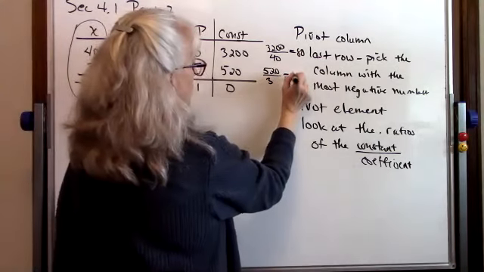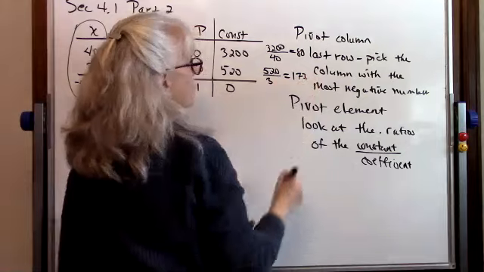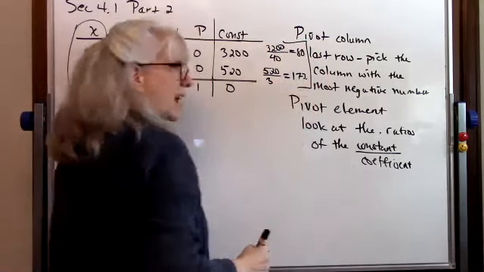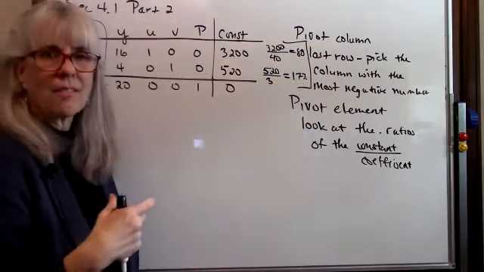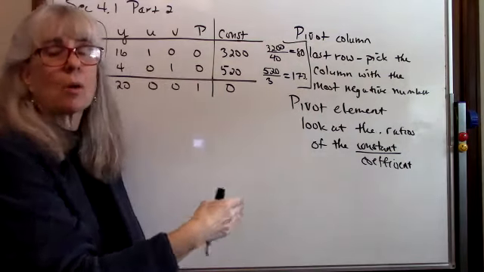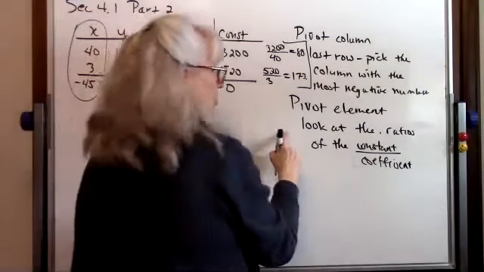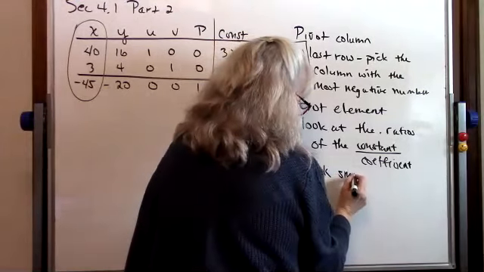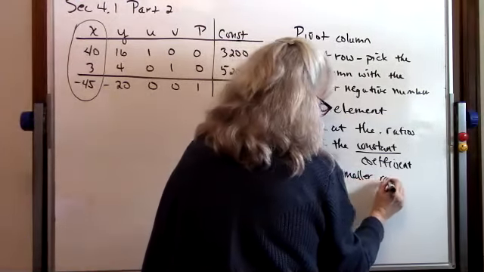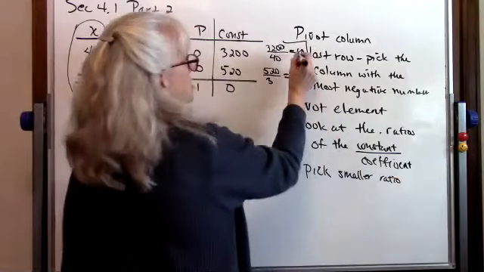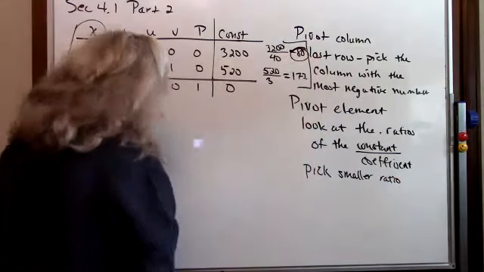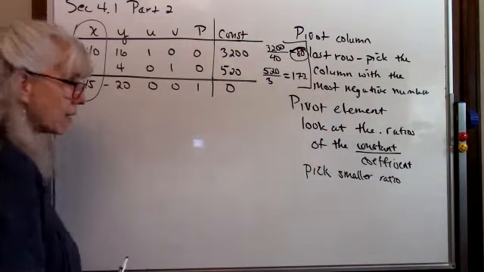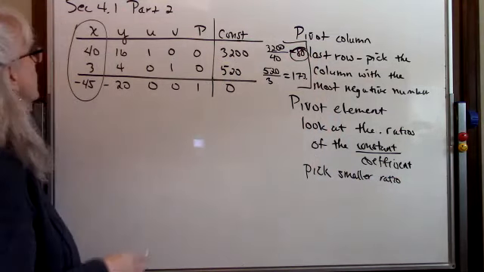And 520 divided by 3 is 173. If you remember those two numbers, those were the x-intercepts off the graph of the two constraints. And we picked the smaller one. So look at the ratios, pick the smaller one. The smaller ratio is this 80. And that then tells me that my pivot element that I need to make into a 1 is this 40.